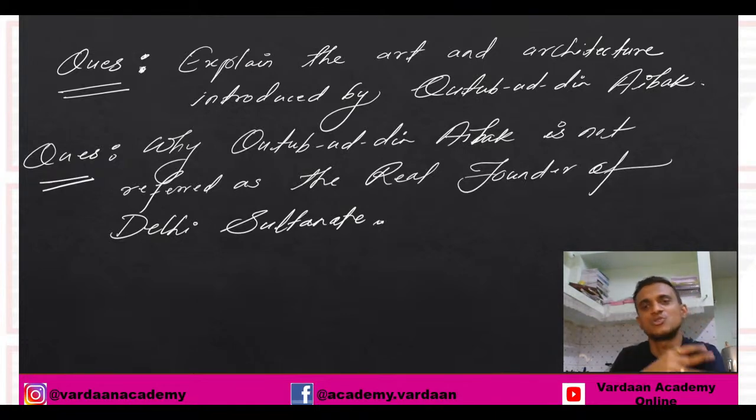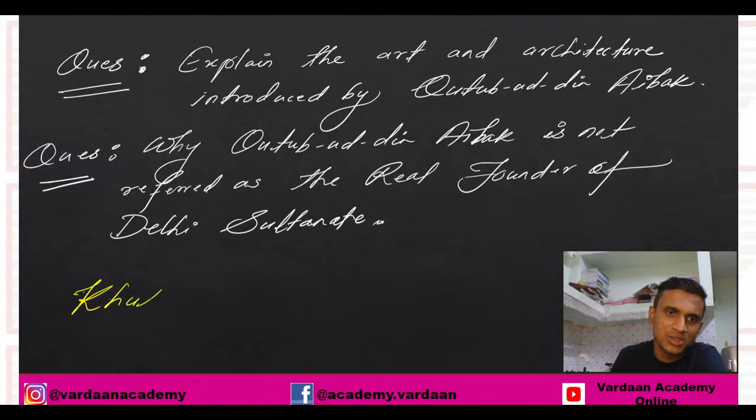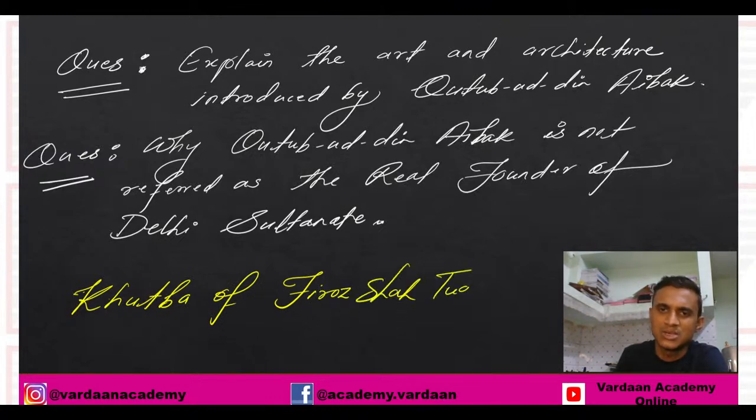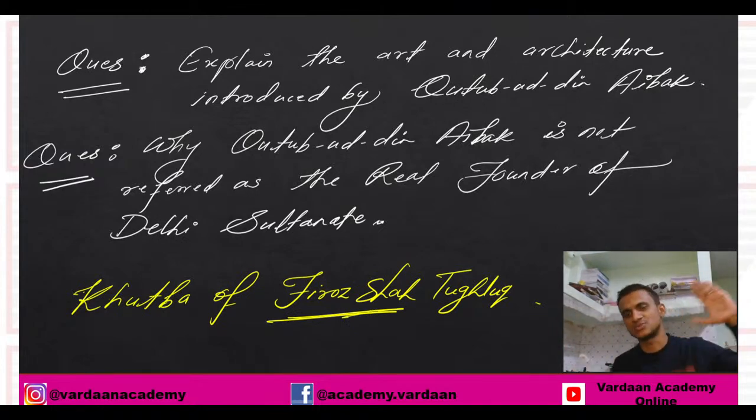One very important point. I was about to tell this in the Tughlaq dynasty, but let's close it here itself. A very important point that you have to remember: Qutub-Ud-Din-Aibak is one of the two rulers who is not named as Sultan in the khutbah of Firoz Shah Tughlaq. Firoz Shah Tughlaq used to read the khutbah from the mosque, and he used to name all the sultans from the start till his name.